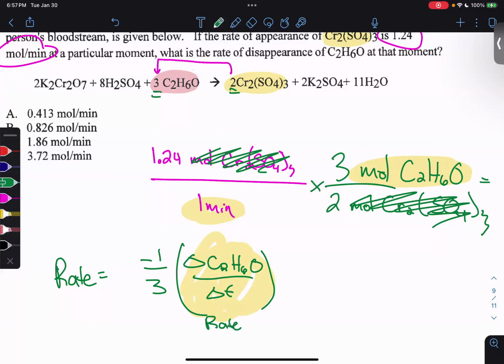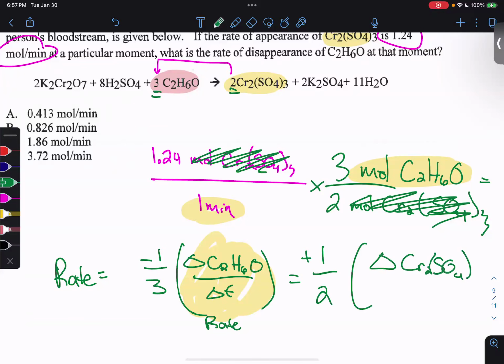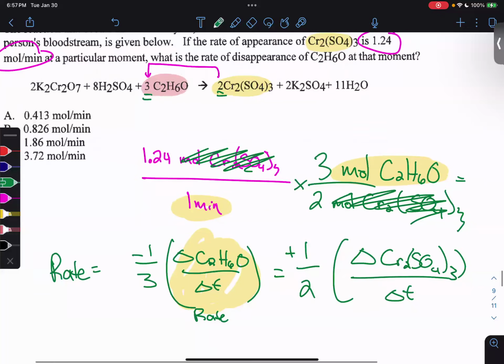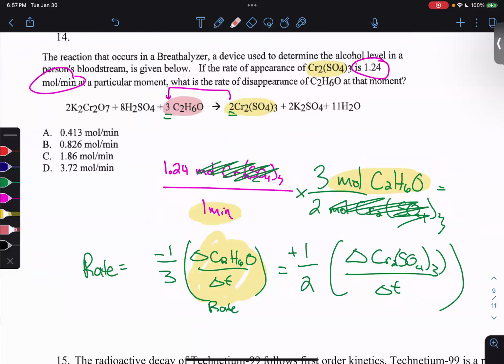That whole fraction equals positive 1/2 change in Cr2(SO4)3 over time. That whole thing is the rate of the appearance of that thing that's given in this equation.